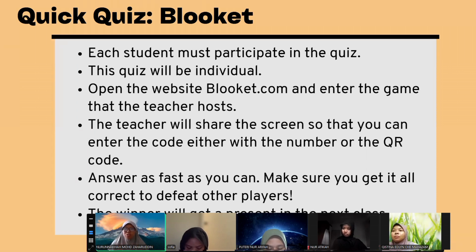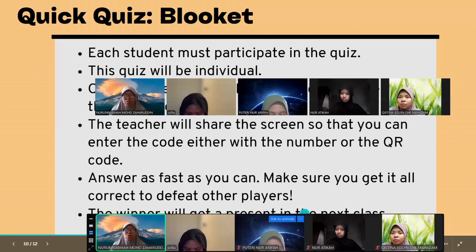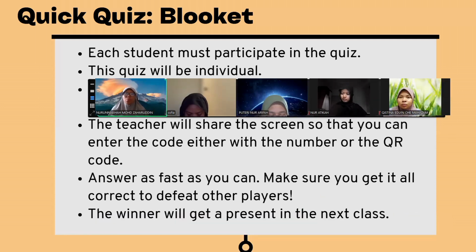I will share the screen so that you can enter the code, either with the number series or the QR code. Answer as fast as you can, and make sure to get it all correct to defeat other students. The winner will get a present in the next class.